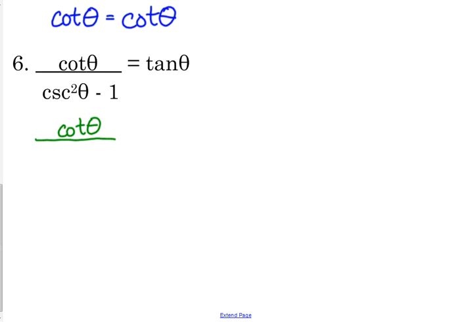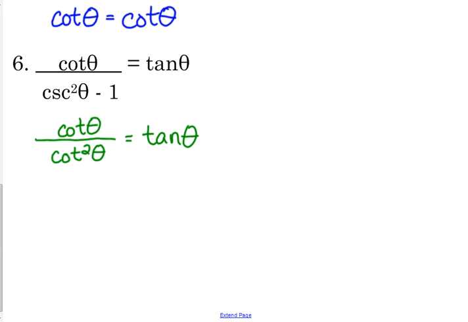Okay, what is cosecant squared minus 1 equal to? Cotangent squared of theta. So I'm going to replace it because they are equal to each other. I'm just going to put it in its spot. All right. Now, what is cotangent of theta over cotangent squared of theta equal to? 1 over cotangent.